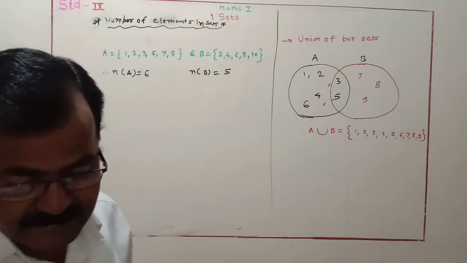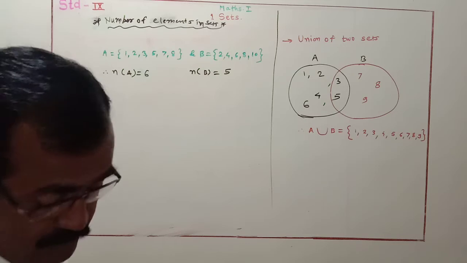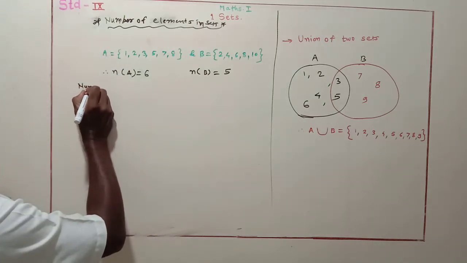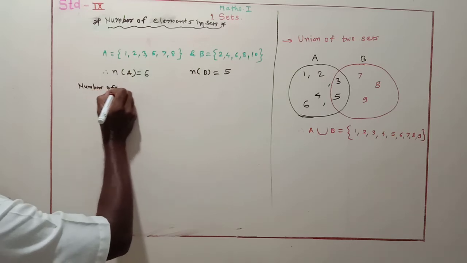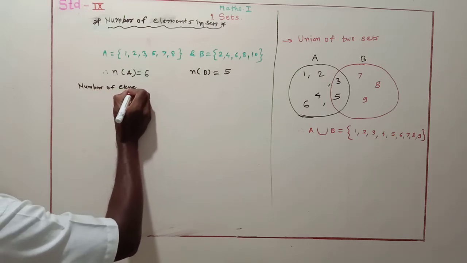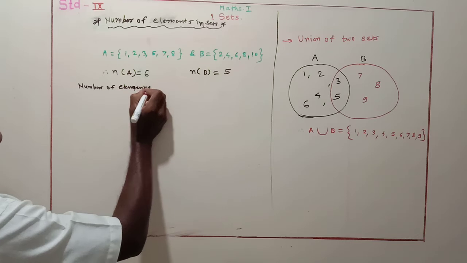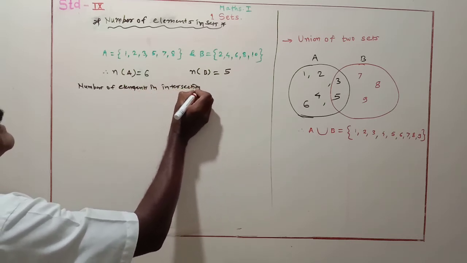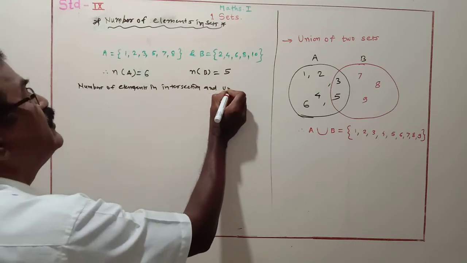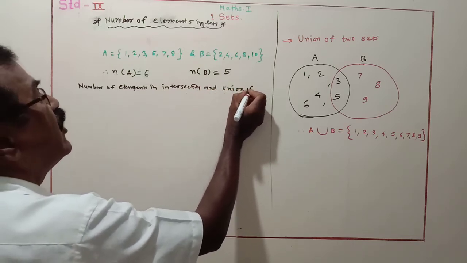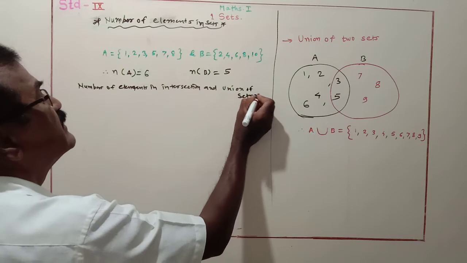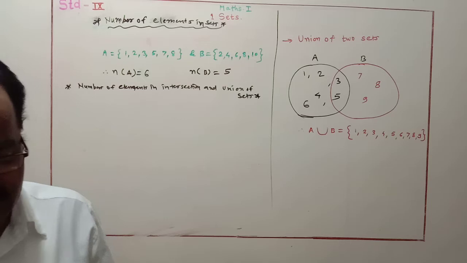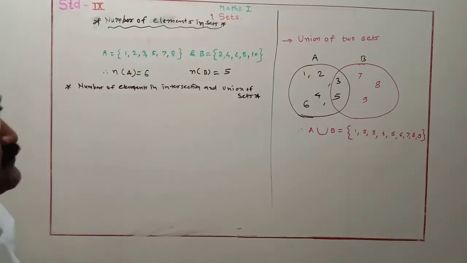Number of elements in union and intersection of sets. This is another one.